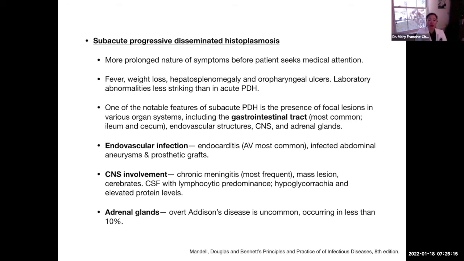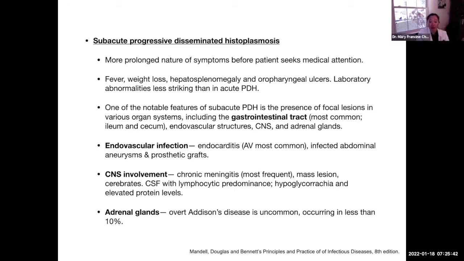You can also see these in endovascular structures, the central nervous system, and adrenal glands. So as for endovascular infections, that could be in the form of endocarditis, native valve, or prosthetic valve. For native valve, the aortic valve is the most commonly involved. And you can even have infected abdominal aneurysms or mycotic aneurysms, and infection of prosthetic grafts.